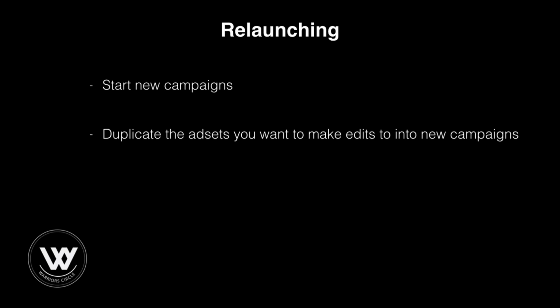But I'm talking specifically about if you have slim profits or you're breaking even and you want to dig a little further to see if you can optimize the campaign a little bit better. So I do that by duplicating ad sets and making the edits within the new campaign that I've duplicated that ad set into, instead of doing it on the winning ad set or making any adjustments to the campaign whatsoever.